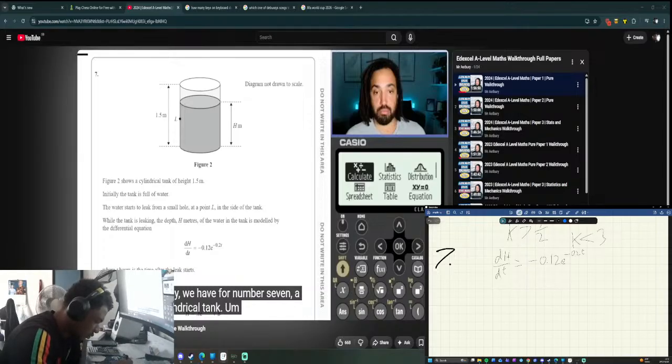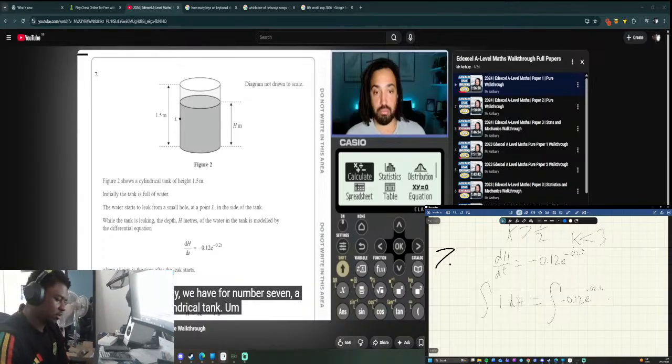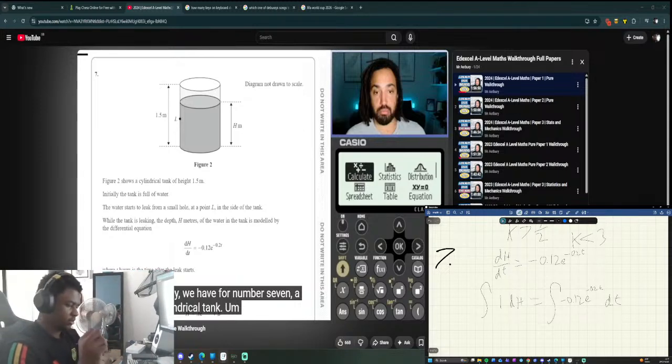So everything's times by 1, and then you technically have to put the 1 over 1, but 1 over 1 is 1, so it just turns into the integral of 1 with respect to h equals the integral of minus 0.12 e to the power of negative 0.2 t with respect to t. All right.